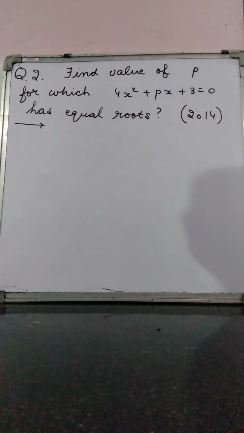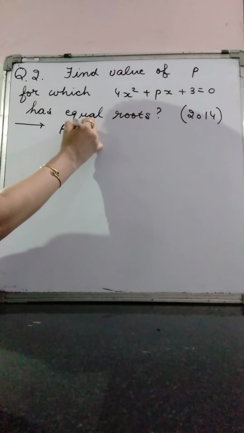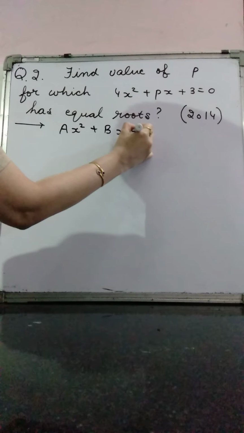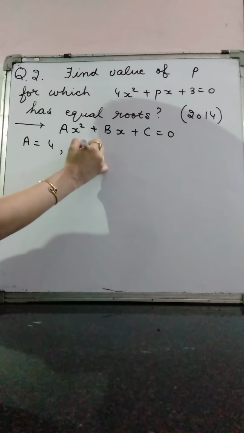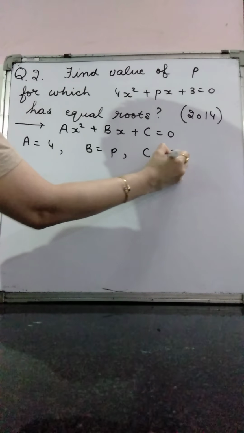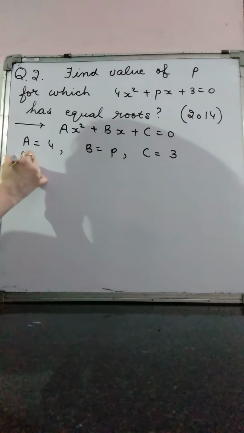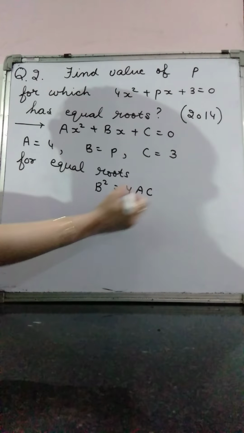Second question is, find value of p for which this equation has equal roots. Compare this equation with ax square plus bx plus c. The value of a is 4, the value of b is p, and the value of c is 3. Now apply the condition for equal roots. B square is equal to 4ac.